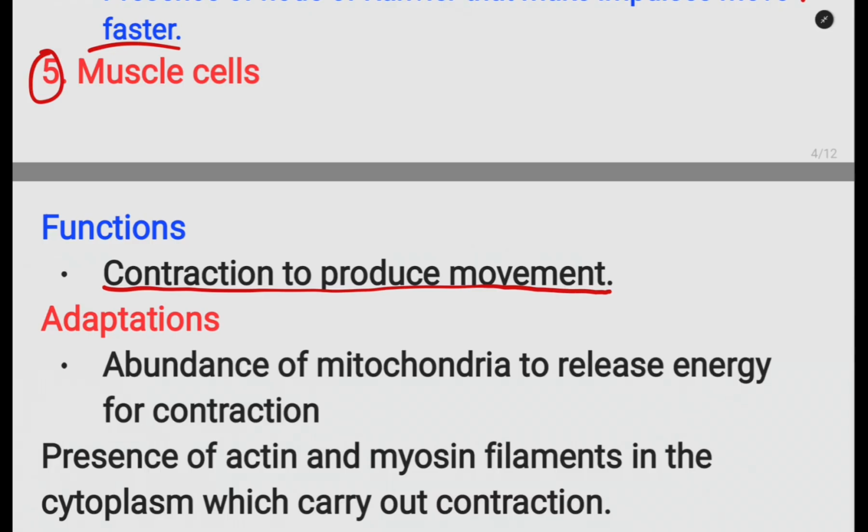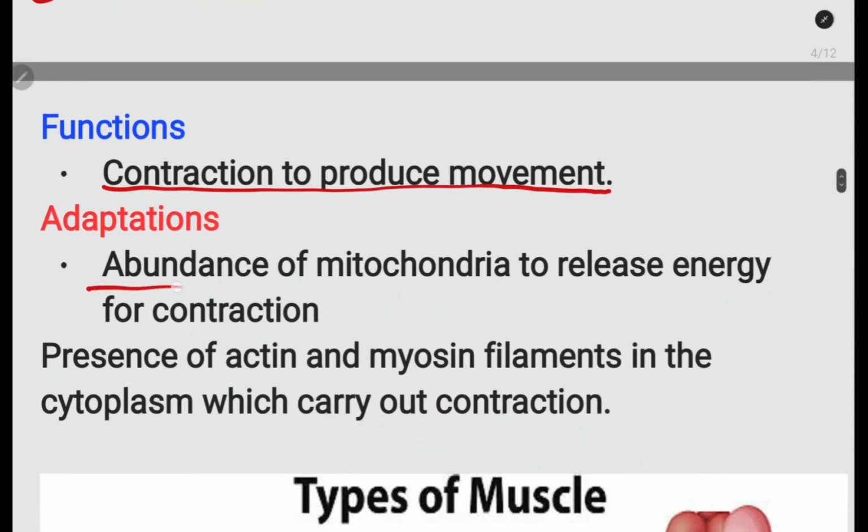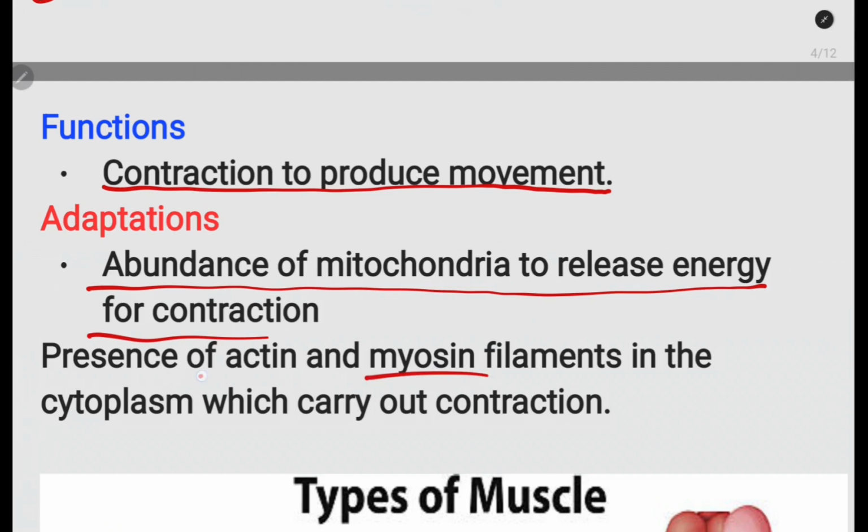Now, if they contract to produce movement, what are the adaptations? What features do they have that enable them to contract and produce movement? One of them is abundance of mitochondria. Everywhere you hear of mitochondria, just think of energy. So abundance of mitochondria to release energy for contraction. Then presence of actin and myosin in the cytoplasm, which carry out contraction.